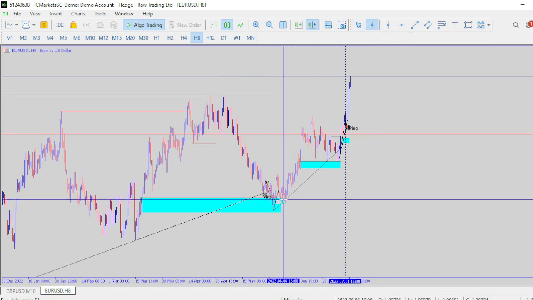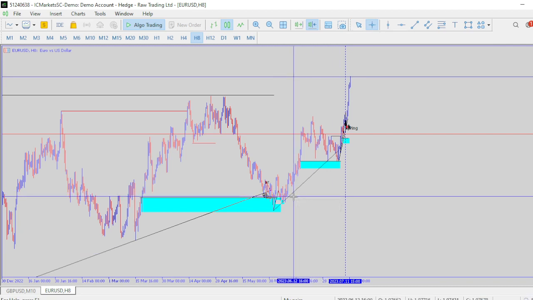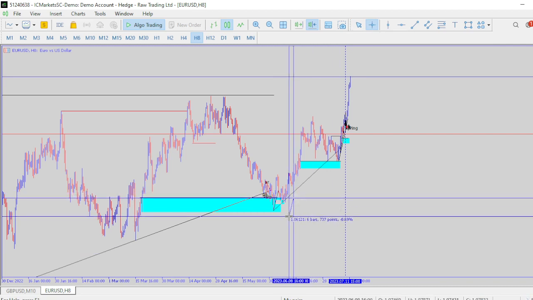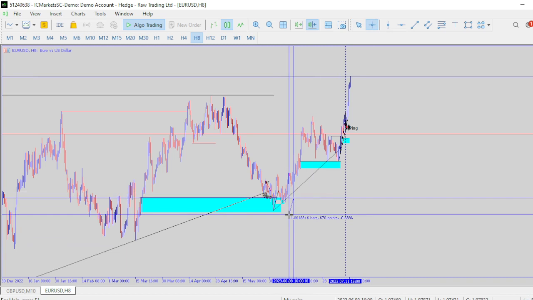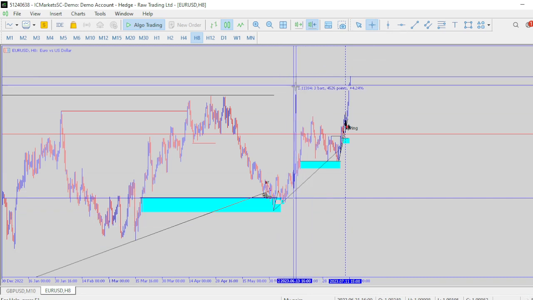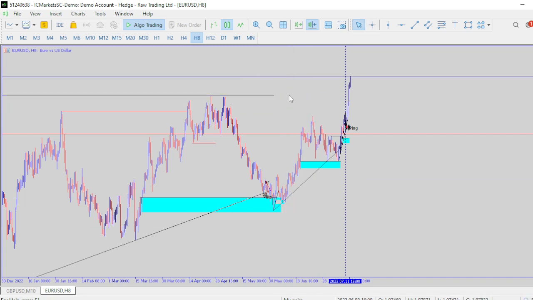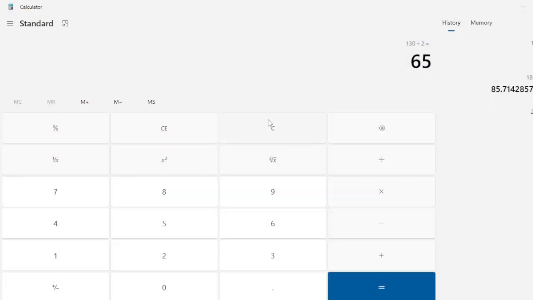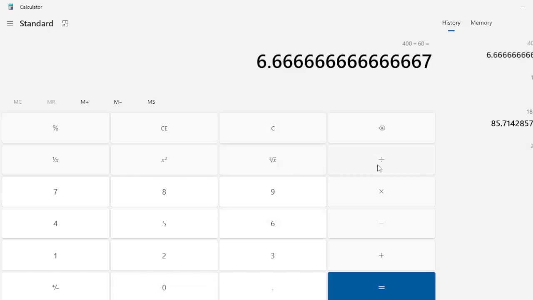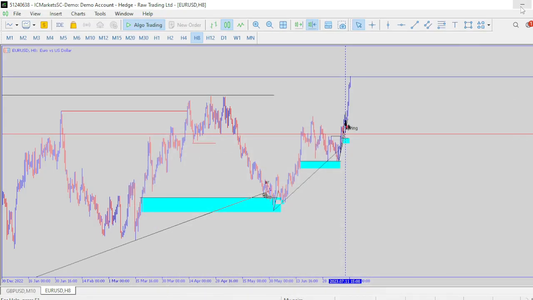You see, this entire move was 400 pips. If someone took their trade from this point with a 65 pip stop loss, a 400 pip move divided by 60 pips, that's 1:6.